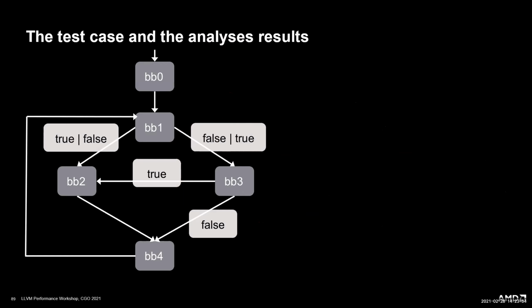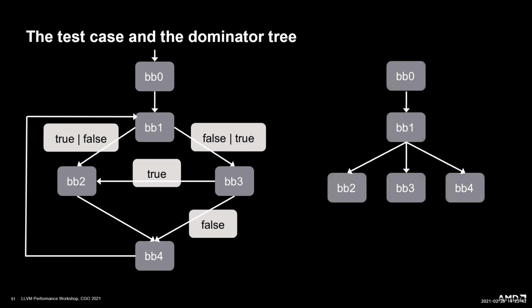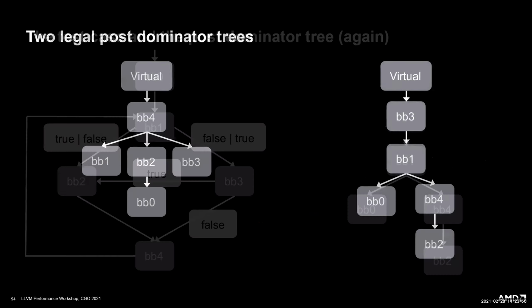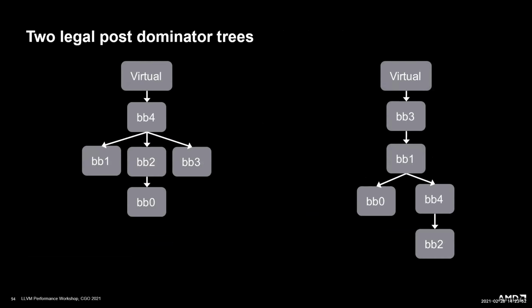Here I have combined both of the test cases, the original and the mutated one. This is the result for the dominator tree, and for both test cases it's the same. The thing which changed was the post-dominator tree. For two similarly structured test cases, we got two different but legal post-dominator trees.